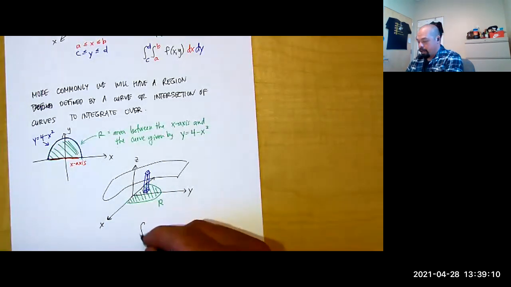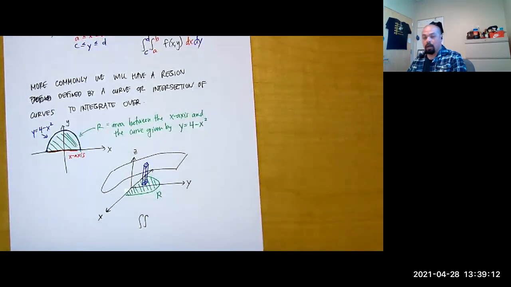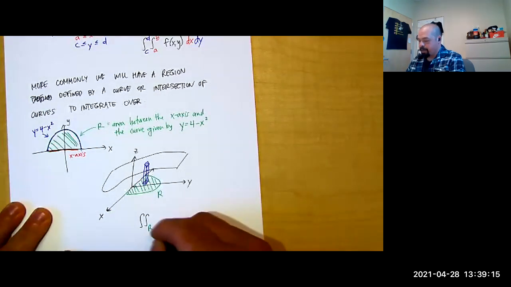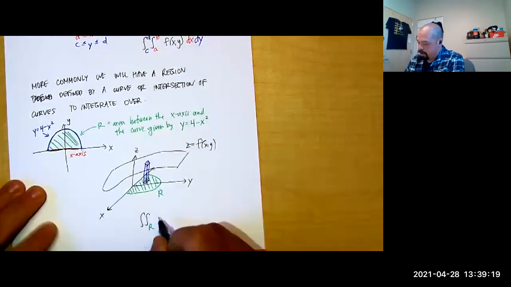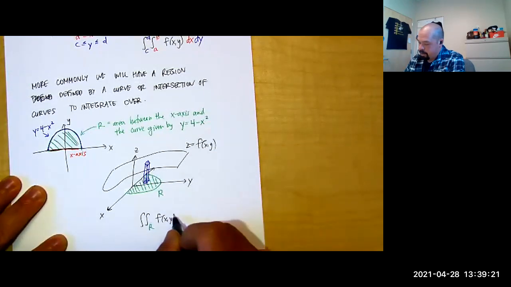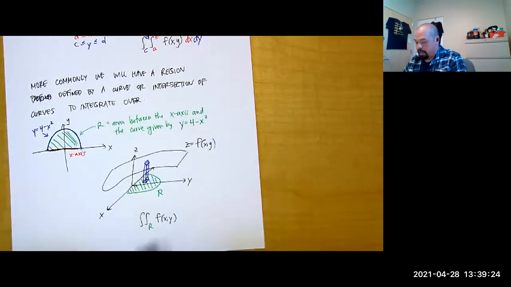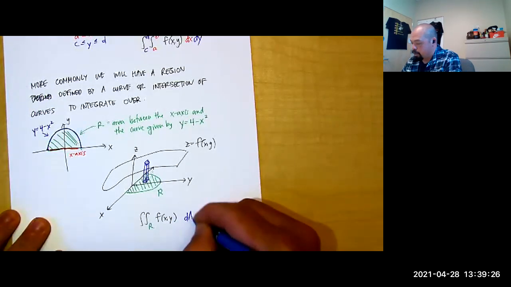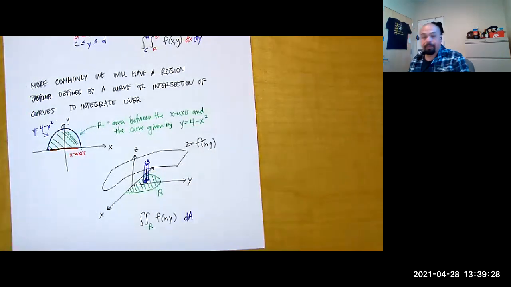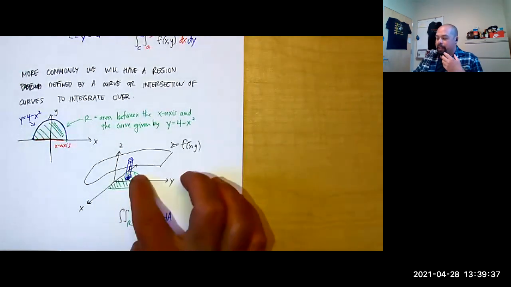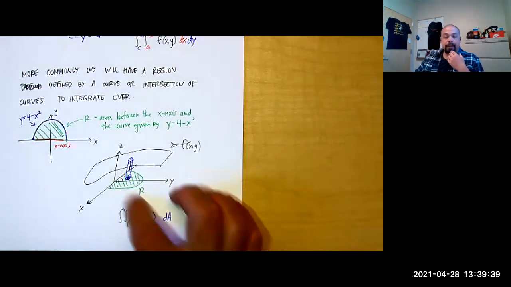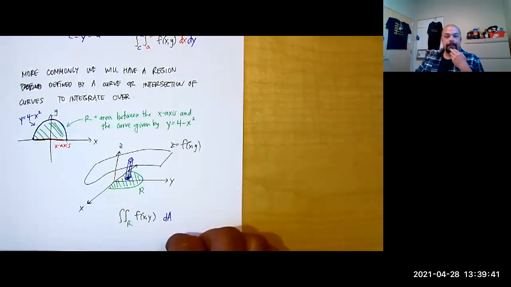So we're going to want to integrate over R our function f of x, y dA. I'll leave it in blue to mimic what we saw here. So we have to think about how that dA is still going to look like a dx dy, but how is that going to be in relationship here? How is that going to fit in?